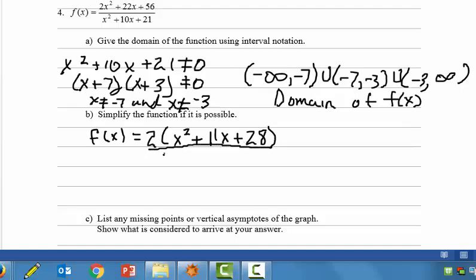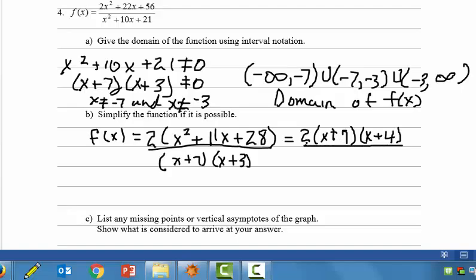And then the denominator, we know, factors into (x plus 7) times (x plus 3). And then we can factor the numerator again to get (x plus 7) times (x plus 4), divided by (x plus 7) times (x plus 3). And we divide out the common factor x plus 7.